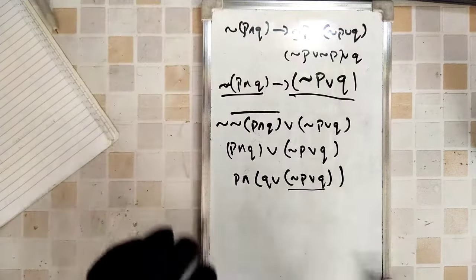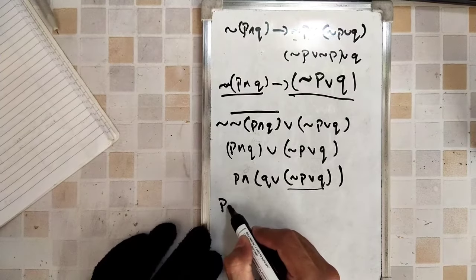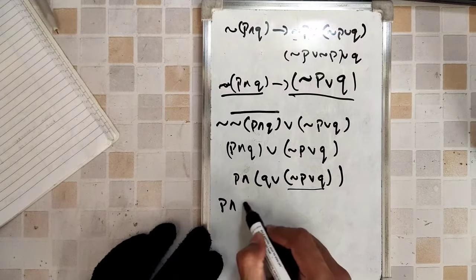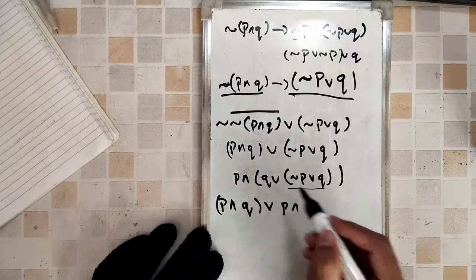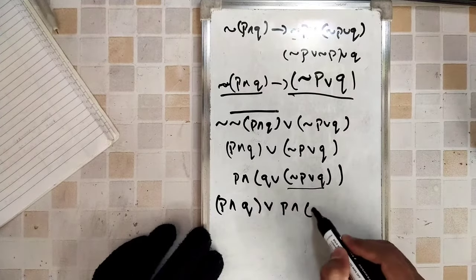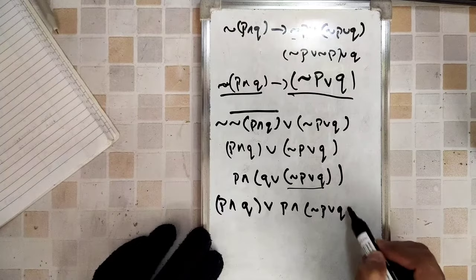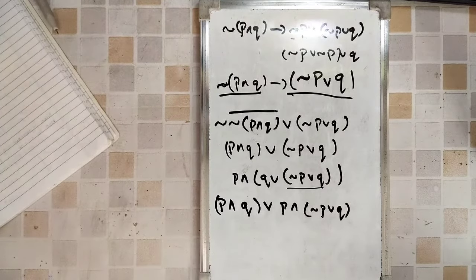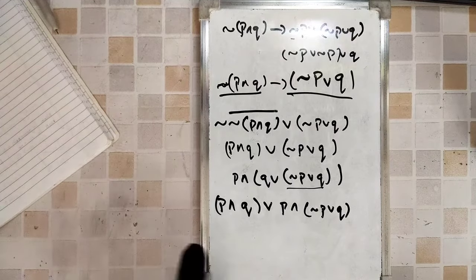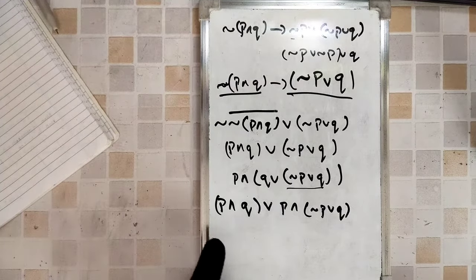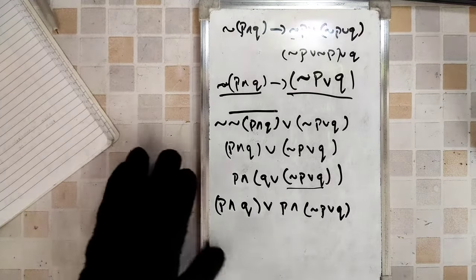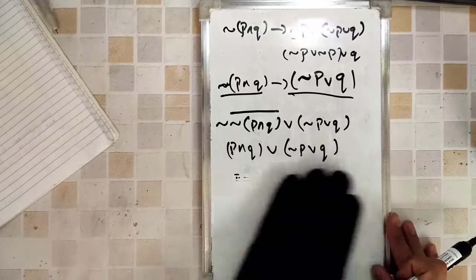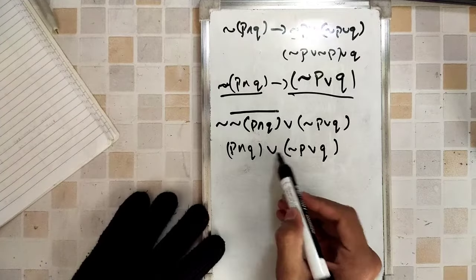So now what I will do is P and Q or P and this negation P or Q. I will do it like this: P and negation P or Q, and then P and Q. Or another way, this is OR and this is AND.